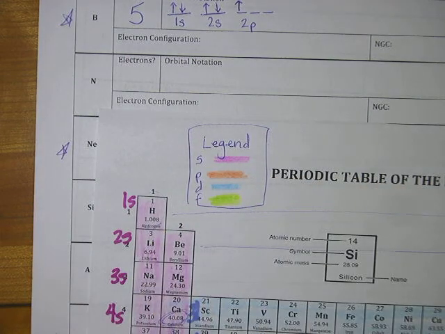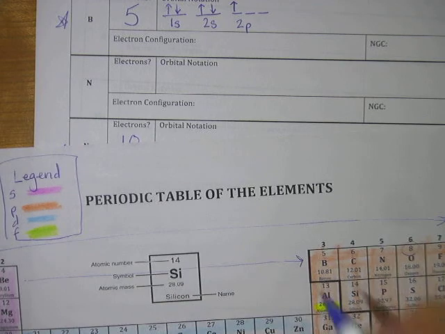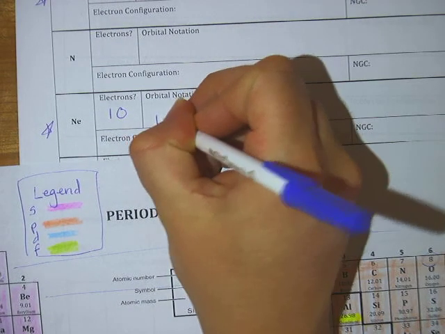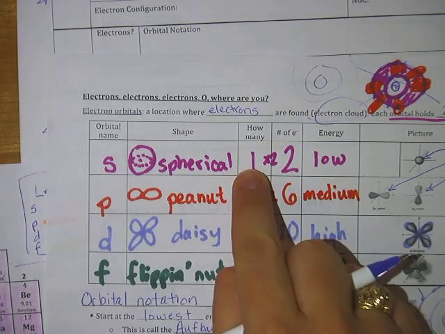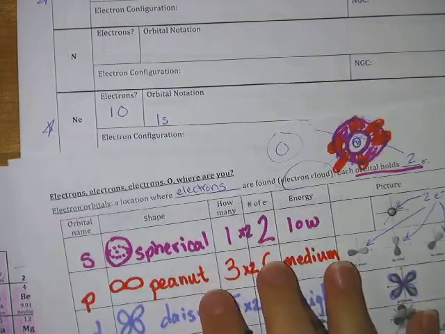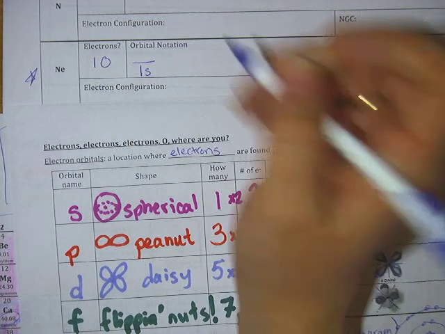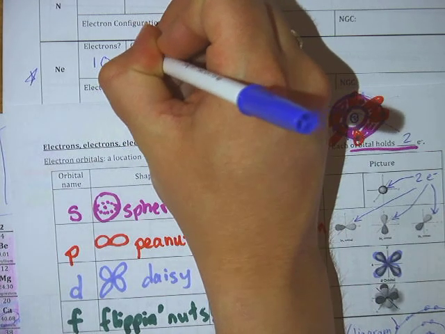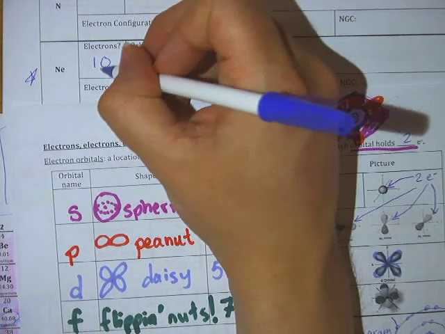And it moves across to still be the 1s. So the first thing I write is 1s. Again, s's always have 1 blank. So I draw that 1 blank. Each blank gets 2 electrons, an up and a down arrow, so I draw those. That's only 2. I need to get to 10.